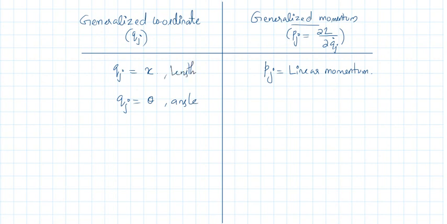Second case, suppose Q_j is θ, an angle, then P_j will be angular momentum.